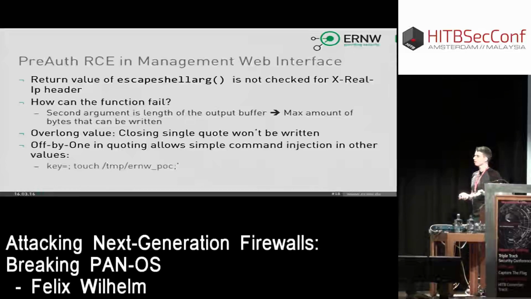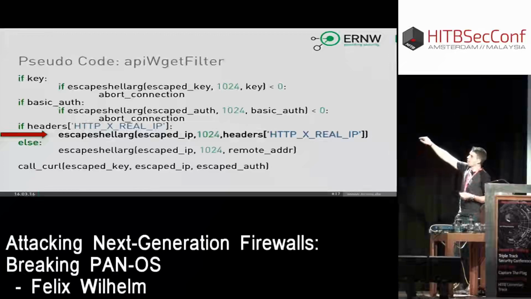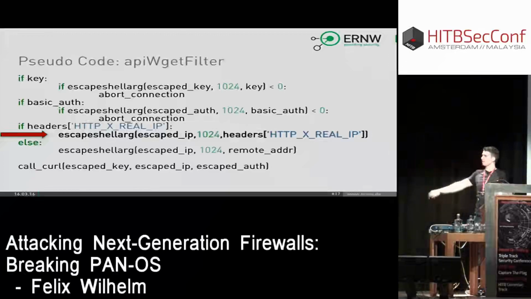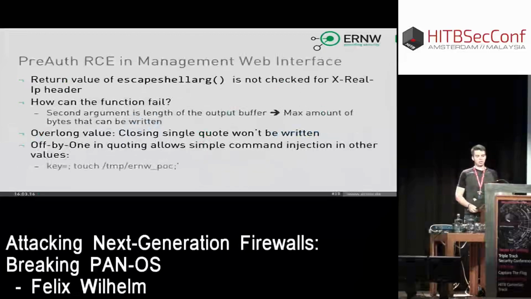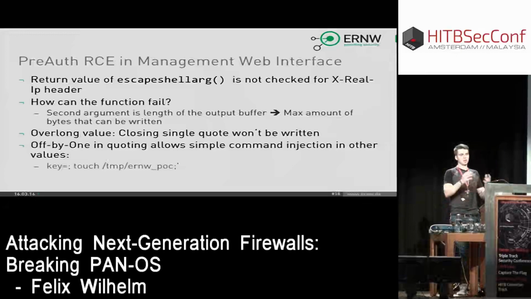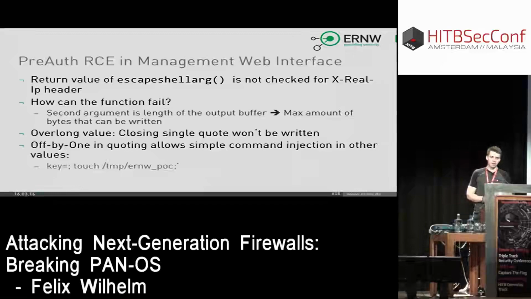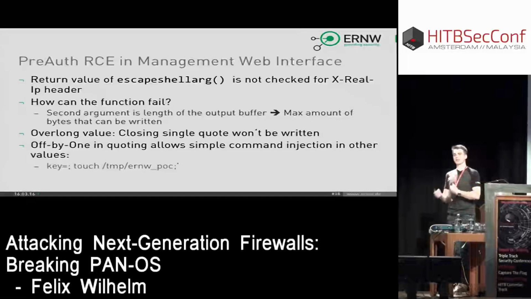And the interesting part, if you go back and look at the second parameter, it's the size of this destination buffer where they want to copy the value in. And the function will fail if the input value is so large that the output buffer is not big enough to contain the whole escaped value. And what happens is they still start to write the escaped value into this output buffer.